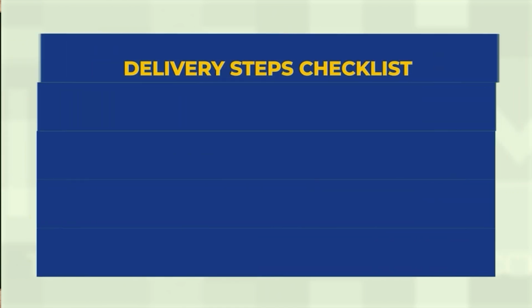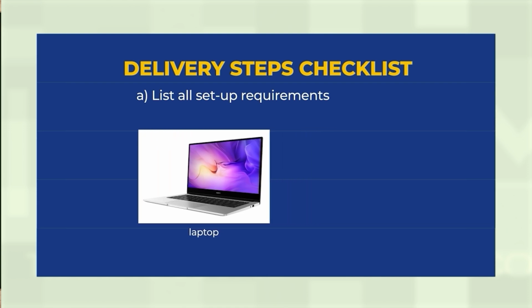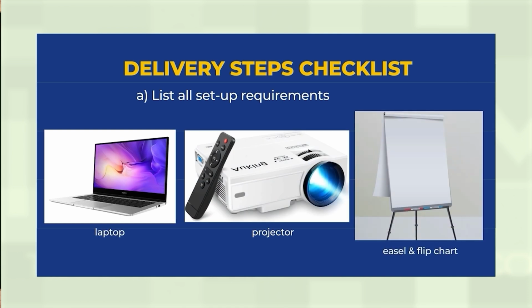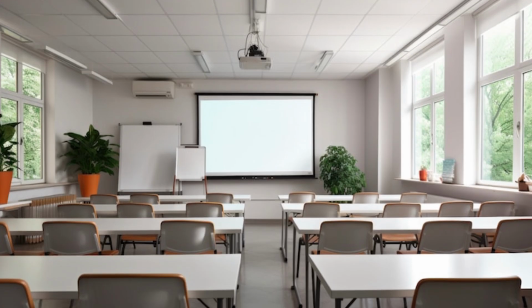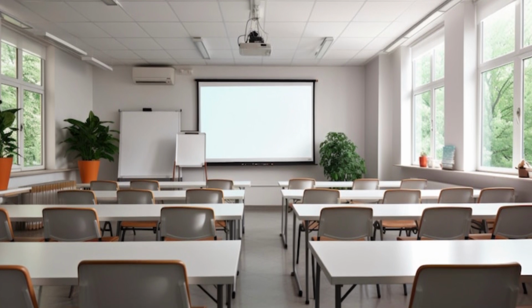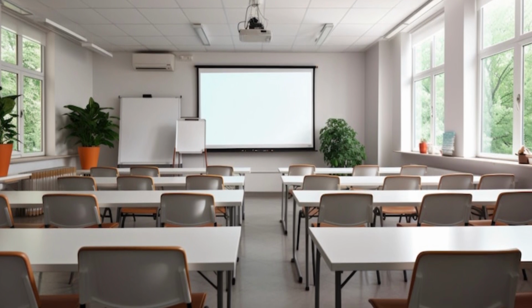The delivery steps checklist. A. List all setup requirements beforehand and make sure someone is in charge of providing them. This includes a laptop, projector and remote control, easel and flip chart, copies of training materials, cards for learners' names, enough tables and chairs, etc. B. Get to the training room an hour early to set up the room, test the equipment, and make sure all materials are organized and ready to use.